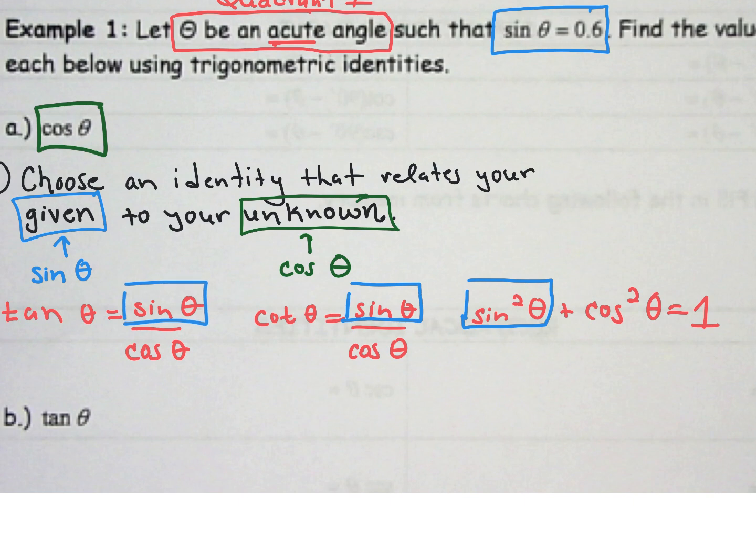So this sine of theta is going to turn into 0.6, and this sine of theta is going to turn into 0.6, and this sine squared theta is going to turn into 0.6 squared, which is 0.36, but we'll get to that in a second. And then you just got to ask yourself, which equation is the best one? Don't forget this was 0.6 squared.